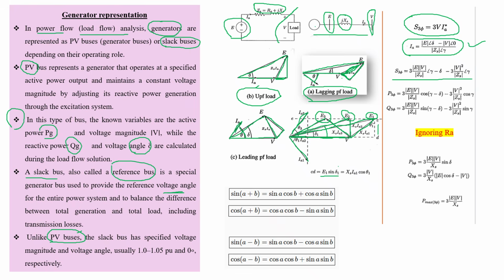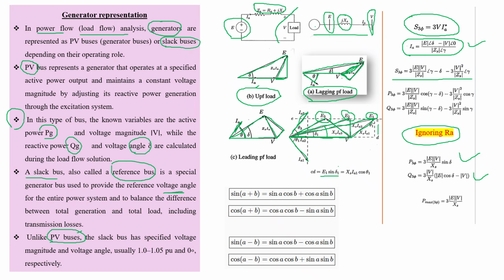But if we ignore RA, the angle will be 90 degrees. For 90 degrees, you can apply a double angle formula, and finally you will arrive at this equation for active power and this equation for reactive power. The magnitude of the maximum power of the generator depends upon the internal voltage, terminal voltage, and the impedance.